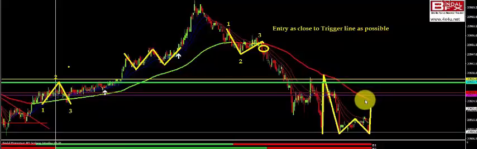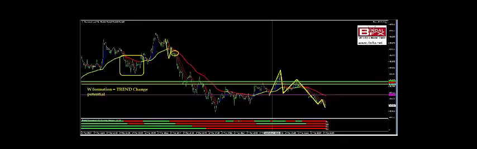Once that turns to green and I have a 1, 2, 3 above it, I shall be looking for longs. On the other hand, if I find resistance at the trigger, resistance at the green and the yellow, then definitely it's a case of shorts, shorts, and shorts.